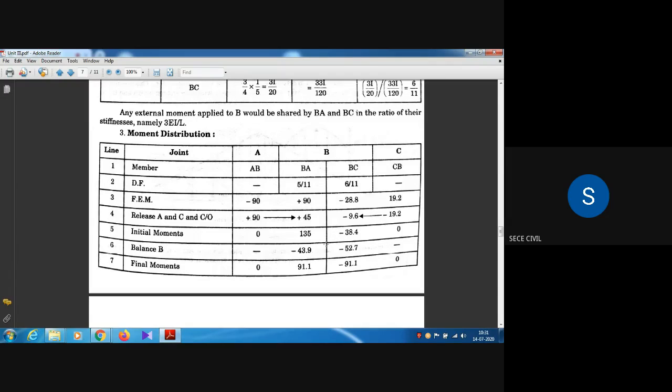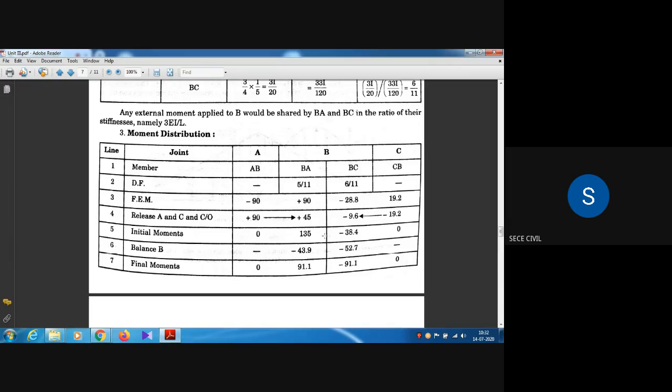Now we have to distribute that 96.6. We distribute by using the distribution factor, for which we calculated the distribution factor. For member BA, we distribute using the factor 5 divided by 11, and for member BC, we distribute using 6 divided by 11.